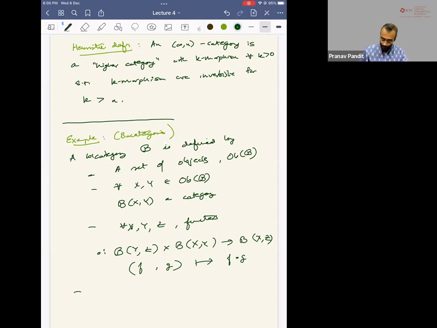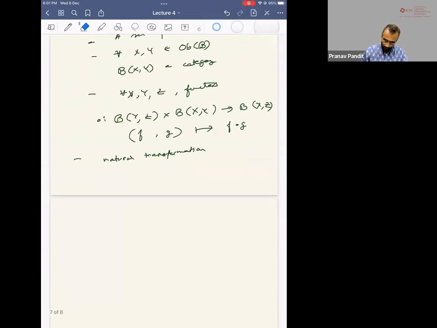And then you want natural identifications, blank circle blank circle blank to blank circle blank circle blank.